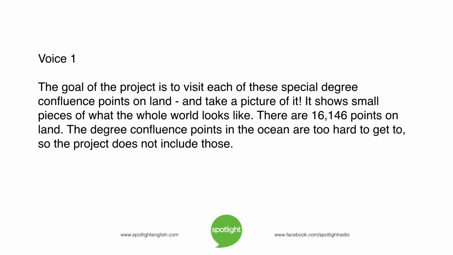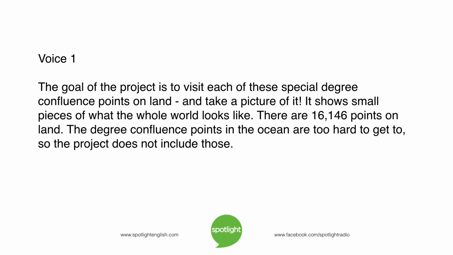The goal of the project is to visit each of these special degree confluence points on land and take a picture of it. It shows small pieces of what the whole world looks like. There are 16,146 points on land.